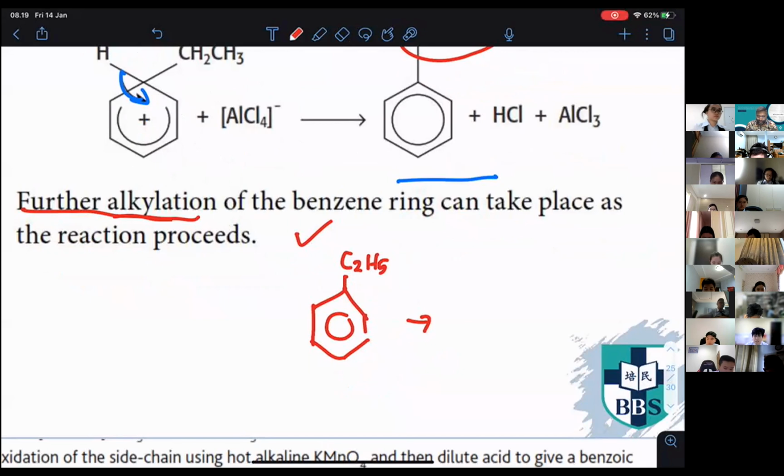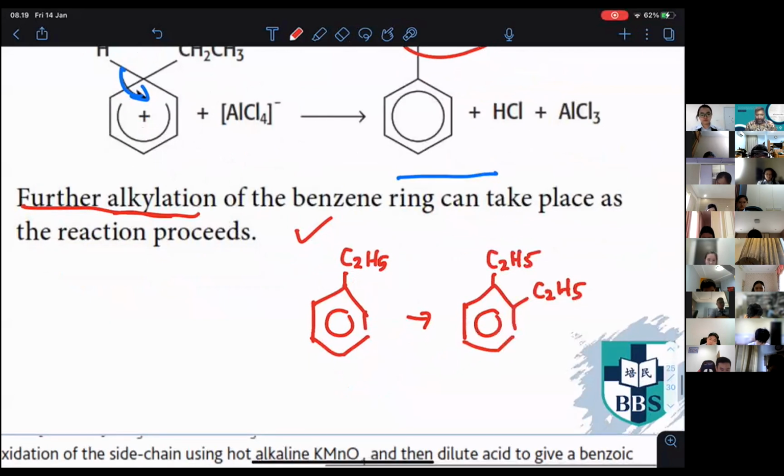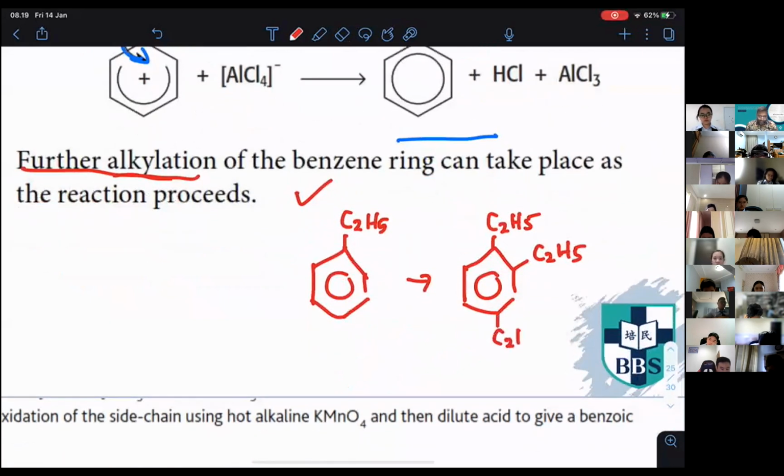So maybe you can have C2H5 here, this one is position number 2. And then after that maybe you can have C2H5 over here, and then after that maybe you'll have C2H5 over here. That is what they mean.